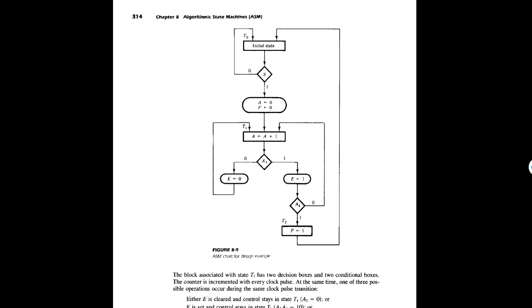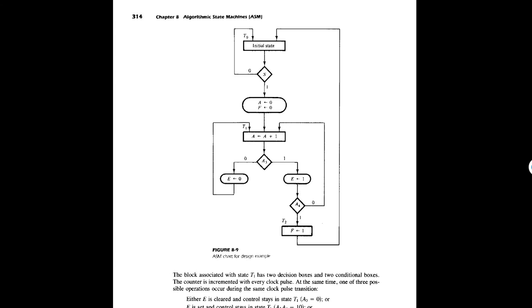It is important now to analyze what we said until now. In a conventional flow chart, we would assume that A is first incremented and the incremented value would be used to check the status of A3. Then we would check the status of A3 and apply the value to E. Whether E would be set or cleared would be based on the status of A3.